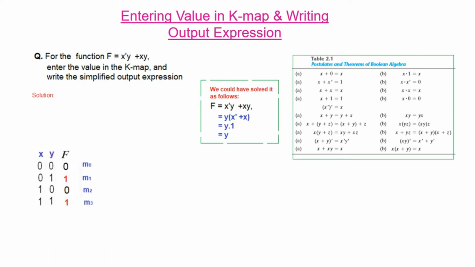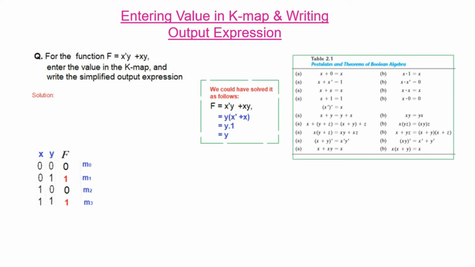This is our function. Now we have written the truth table, and from here we have to put the value of the function as 1. So when will this be 1? When either this term is 1 or this term is 1. So x dash y is 1.